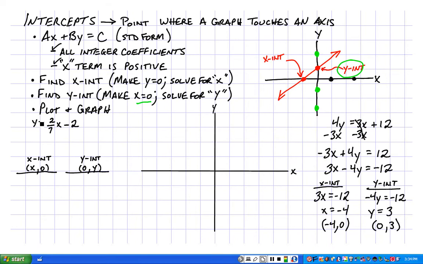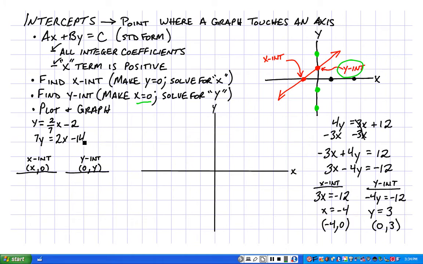So if I multiply everything by 7, I then have 7y equals, now when I say 7 times 2, that would give me 14, and then 14 divided by this 7 right here would give me 2, so 2x, and then 7 times that would be a negative 14.